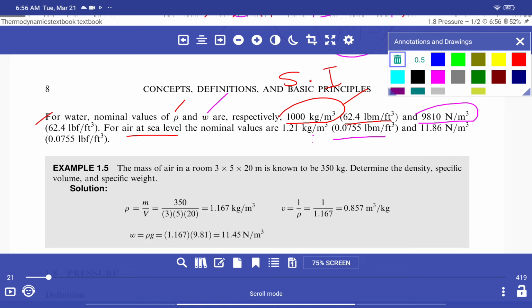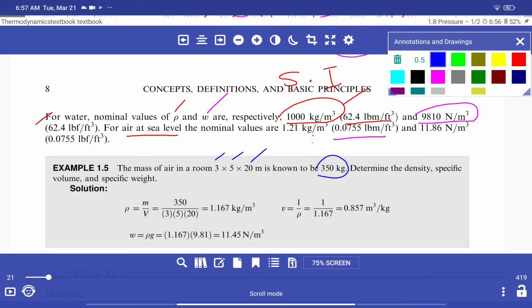Okay, so let's put it in an example. Example 1.5. The mass of air in a room 3 by 5 by 20 meter is known to be 350 kilogram.